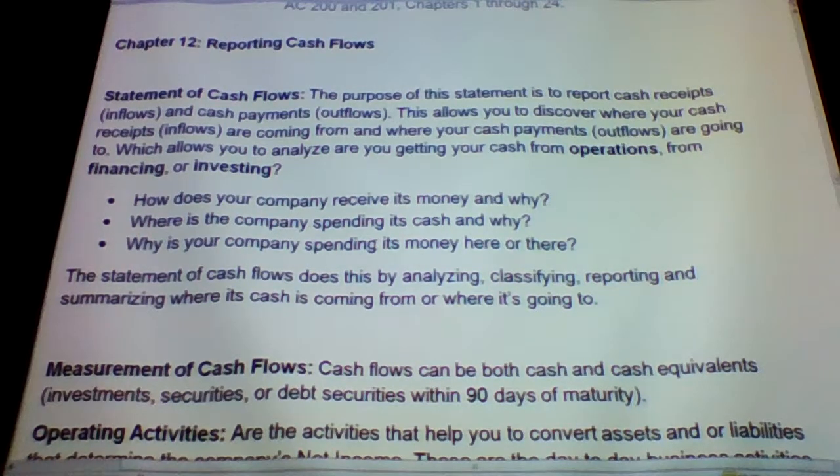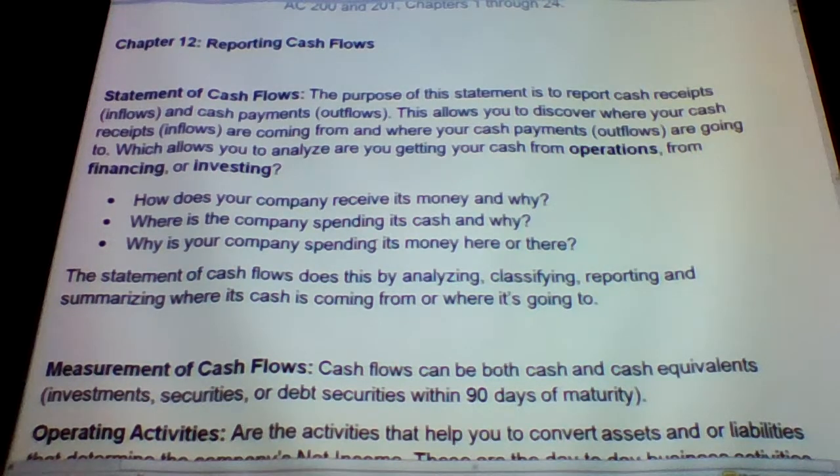And again, as I said, we're going to discuss reporting cash flows on the statement of cash flows. The purpose of this statement is to report cash receipts (inflows) and cash payments (outflows). This allows you to discover where your cash receipts are coming from and where your cash payments are going to, which allows you to analyze: are you getting your cash from operations, from financing, or investing?